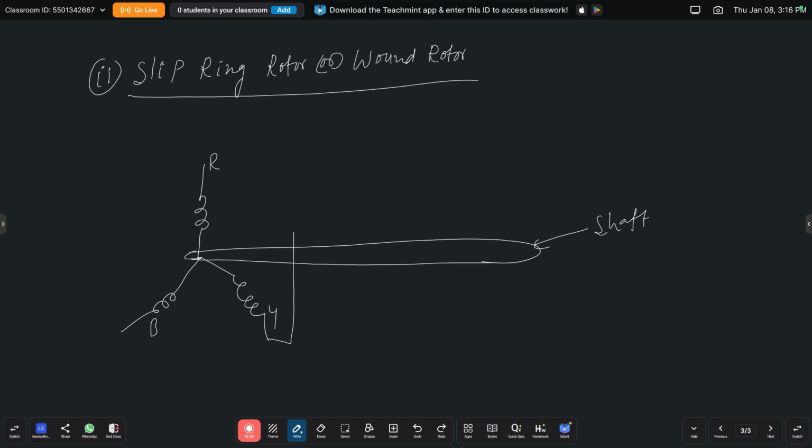These rotor conductors are connected to external resistance through the slip rings.